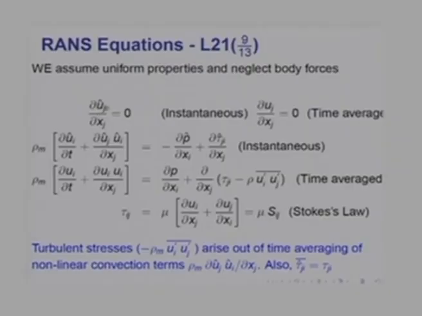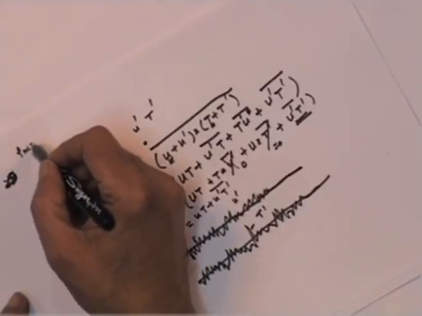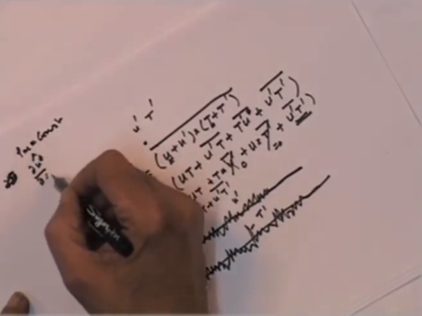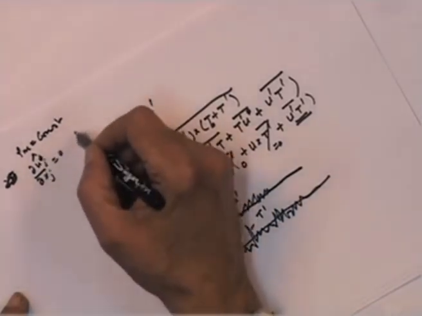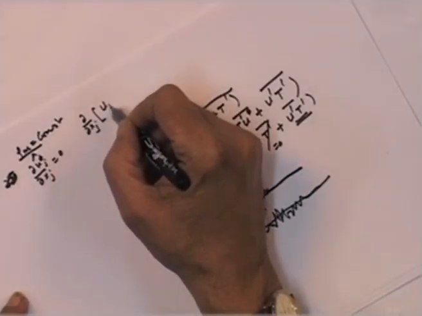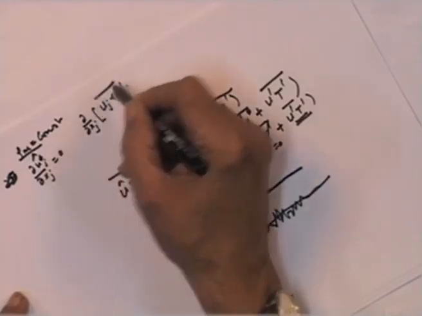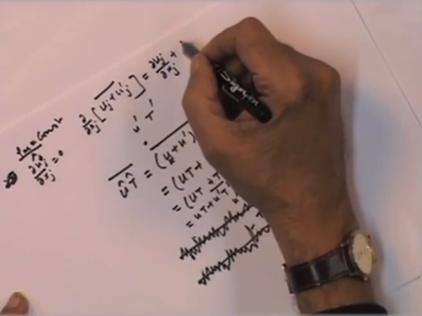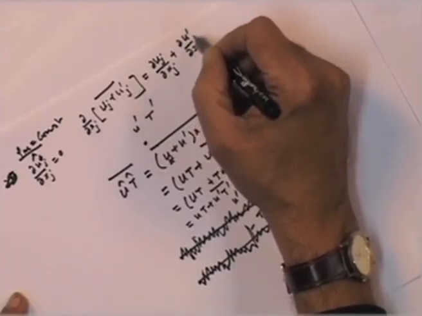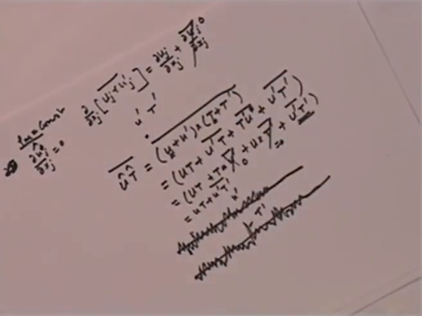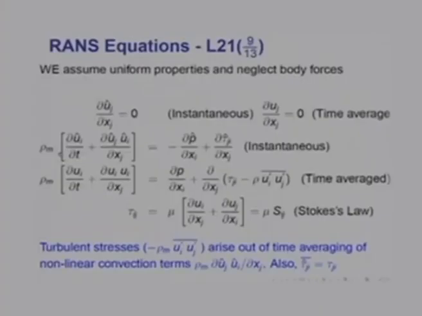For example, the continuity equation of a turbulent flow, for constant density flow, would be written simply as d u j cap by d x j equal to 0, and if I were to time average this, it will be simply d by d x j of u j plus u dash j, time averaged, and that would be simply d u j by d x j plus d u dash j by d x j, but then we say, well, that will be 0, and that gives you d u j by d x j equal to 0, the time average value.